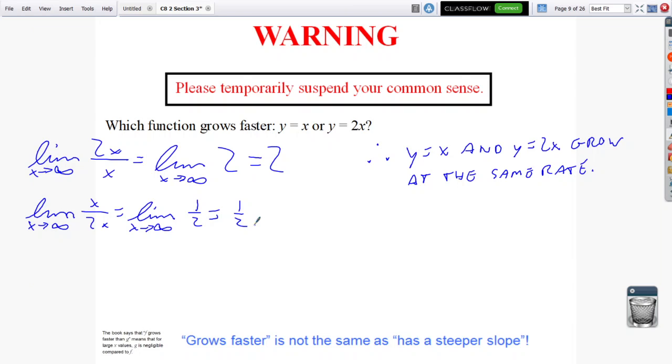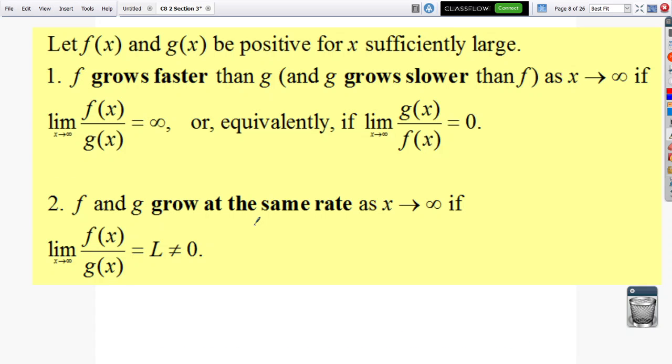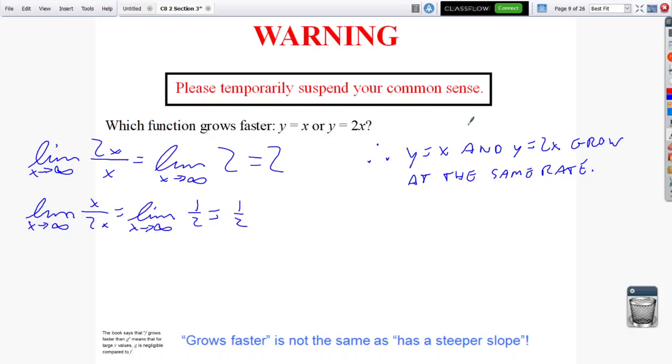Looking back at the setup over here, if we had chosen the fast one on the top, then we get infinity. If we choose the fast one to go on the bottom, we get 0. So really you have to interpret your answer to determine which one's faster, which one's slower. So again, it doesn't matter which function you put in the numerator. Now again, down here, grows faster is not the same as has a steeper slope.